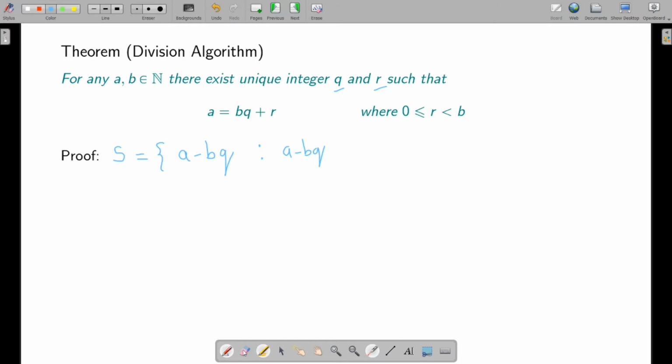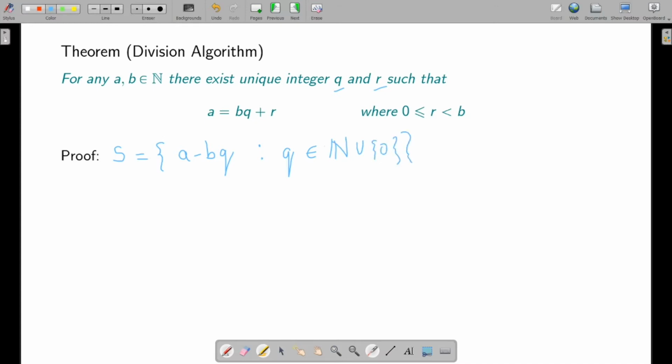Let us just take this and look at cases here. Such that q is in, in this case, the natural numbers union 0.